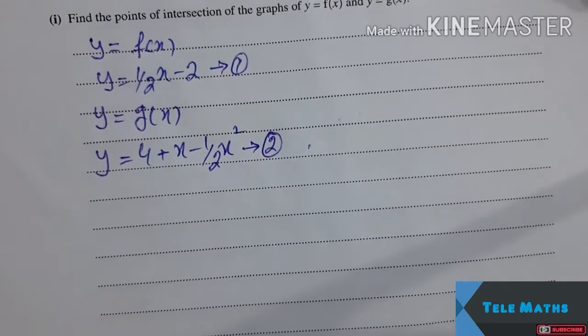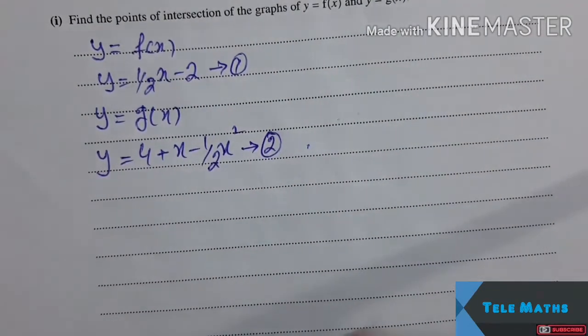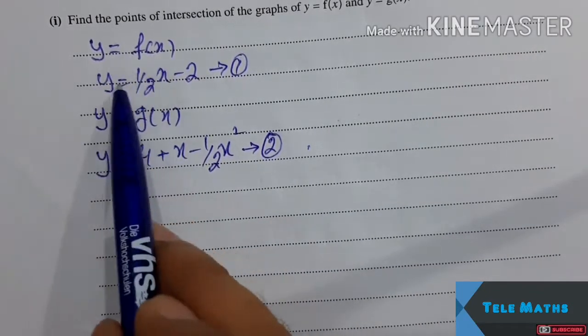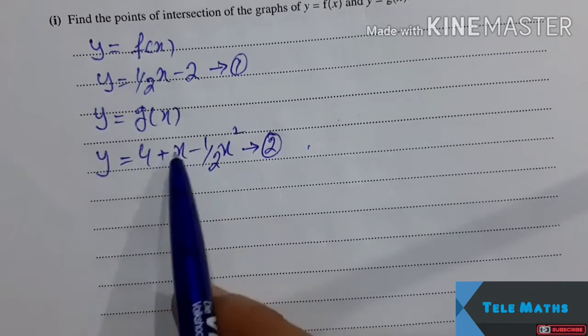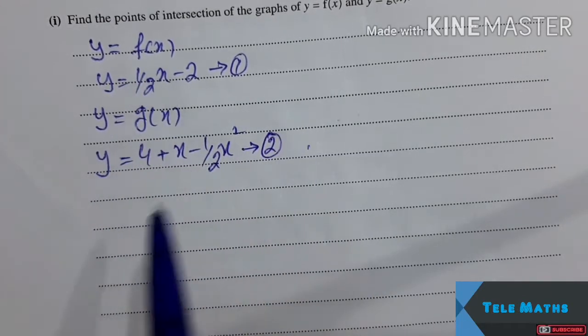Okay. Now because we need to find the point of intersection, it means we need to solve these two equations. So put the value of y here from this equation.